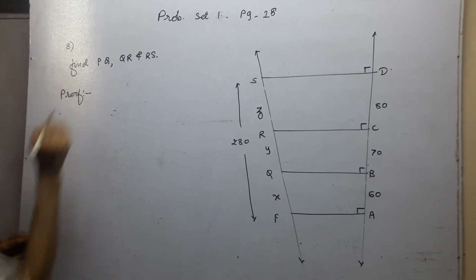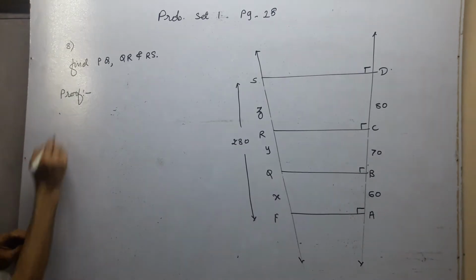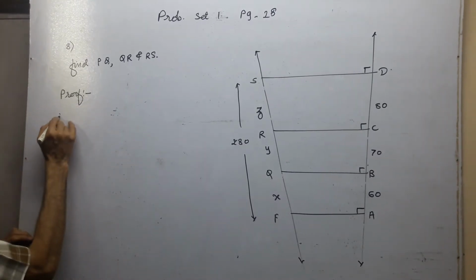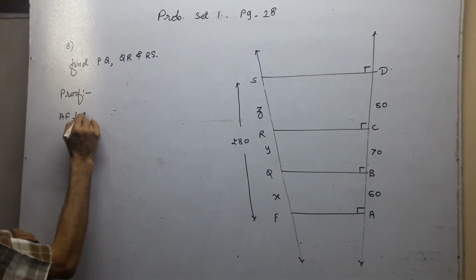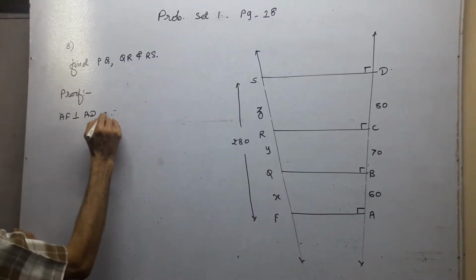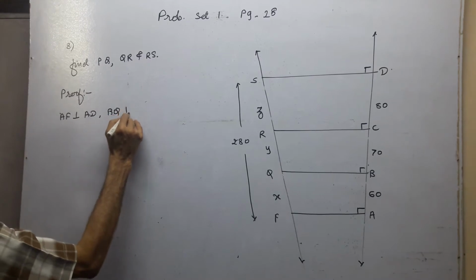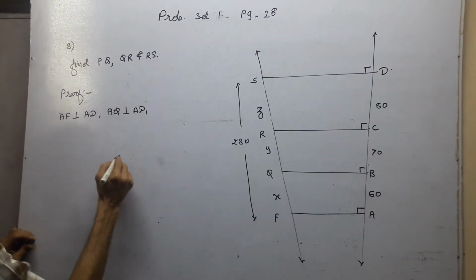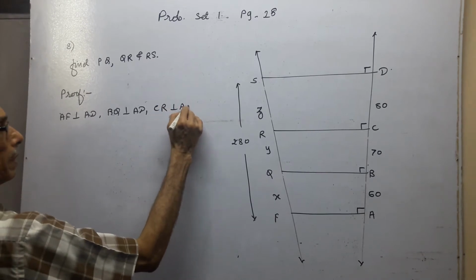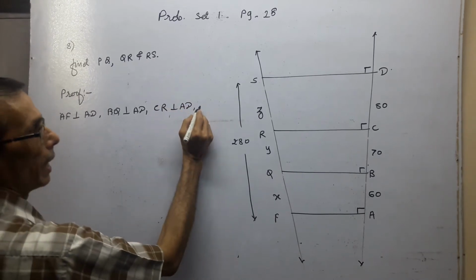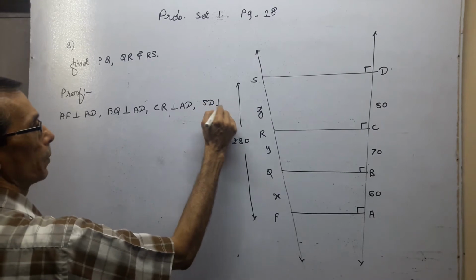Proof. Now here AP is perpendicular to AD, BQ also perpendicular to AD, CR perpendicular to AD, and SD also perpendicular to AD.